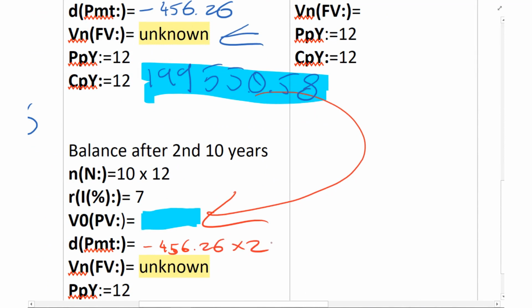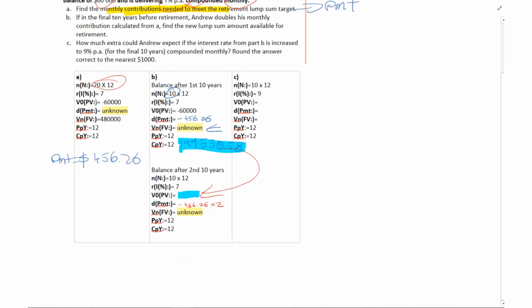456.26 times 2. Where did times 2 come from? Where am I here? Doubles the monthly contribution calculated from A. Okay, that's where that times 2 comes from. All right, so I put that in my calculator and I'm solving for that.